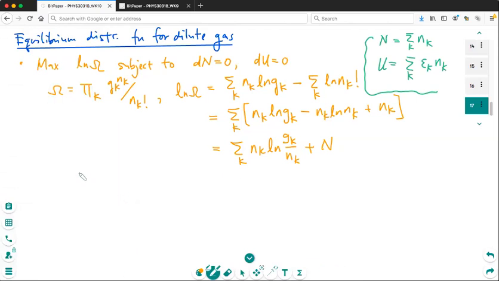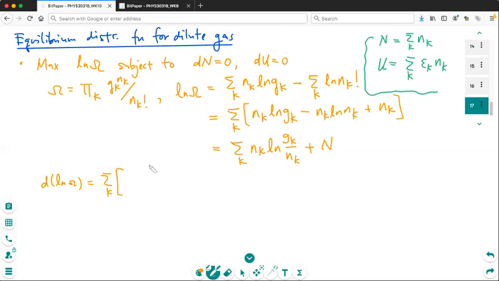Okay, and next you take d log of omega. So you have this sum over k. Nk, if you differentiate nk, you get 1. So you do the differential with respect to the change of nk.